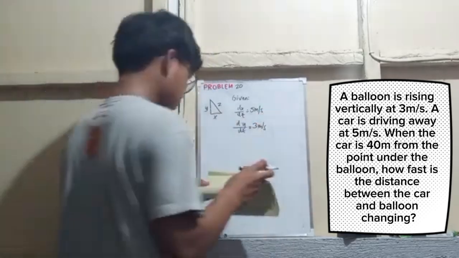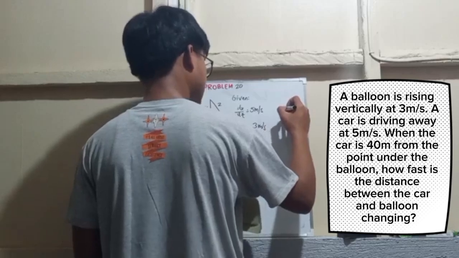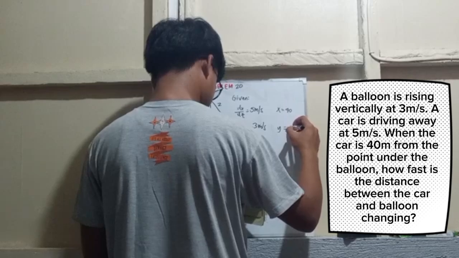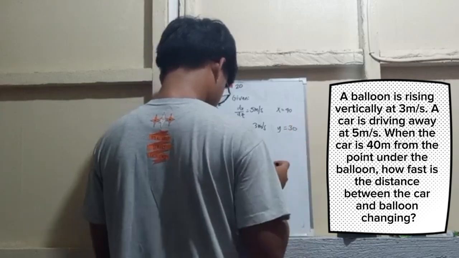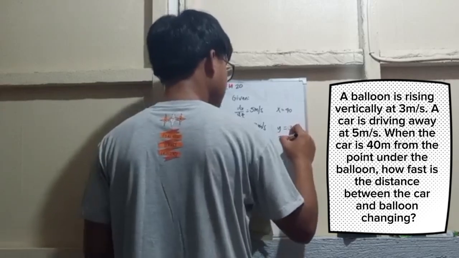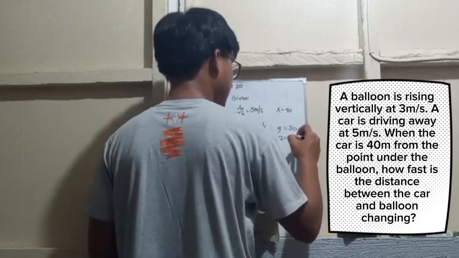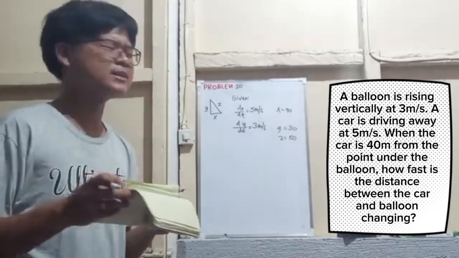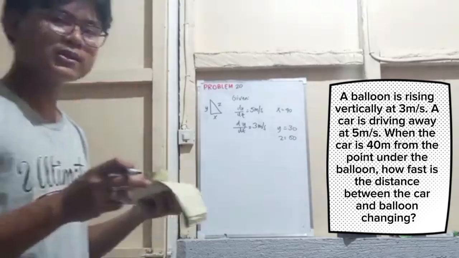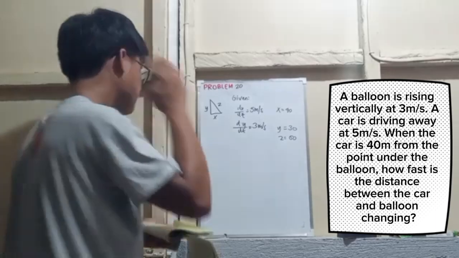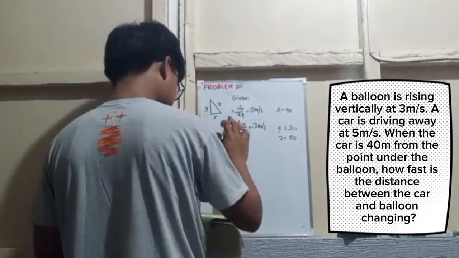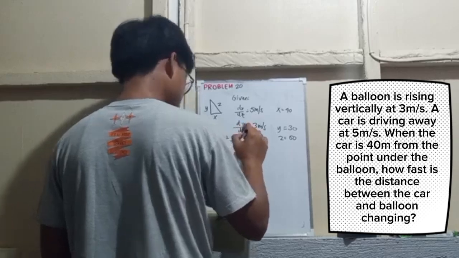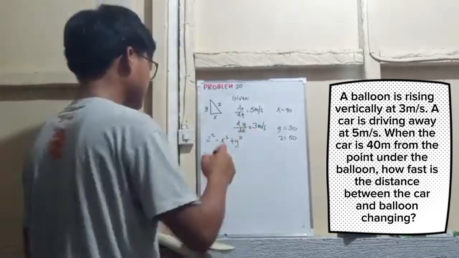Then the given x is equal to 40 and y is equal to 30, and z or the hypotenuse is equal to 50. So now, since it is a right triangle, we'll use the Pythagorean theorem. So z² = x² + y².